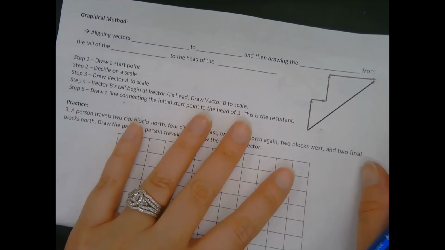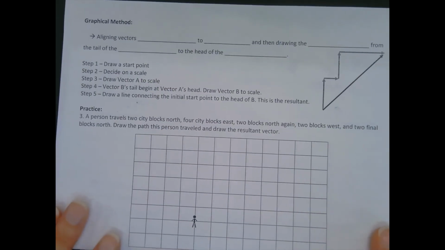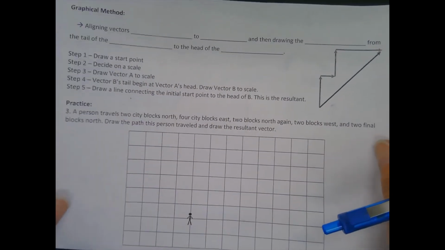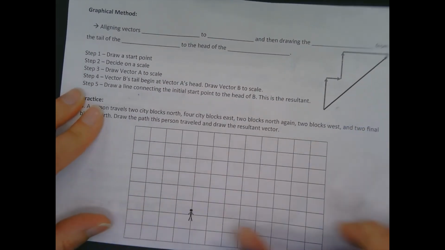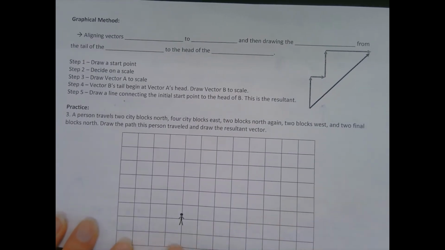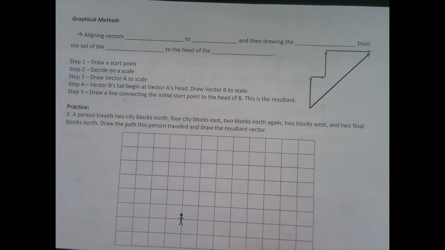Okay, so go ahead and flip this up because there's more to talk about here. Let's look at the graphical method. How am I going to solve this? We're going to use what's called the head to tail method, and it's how you draw them.